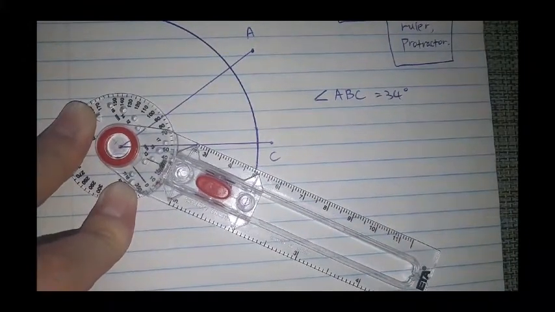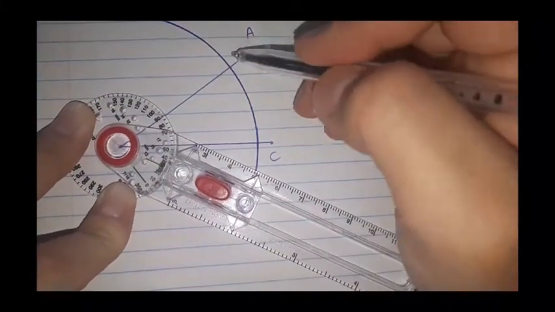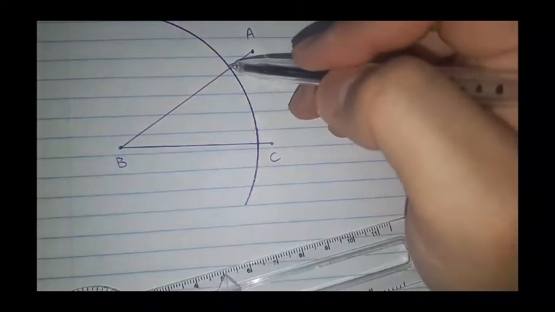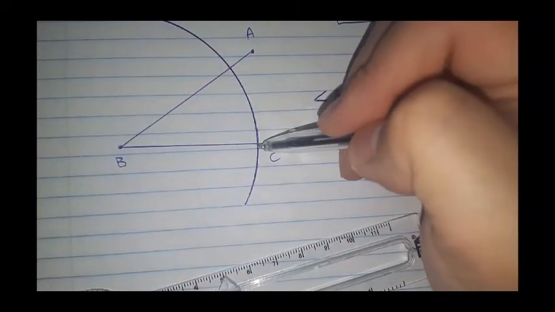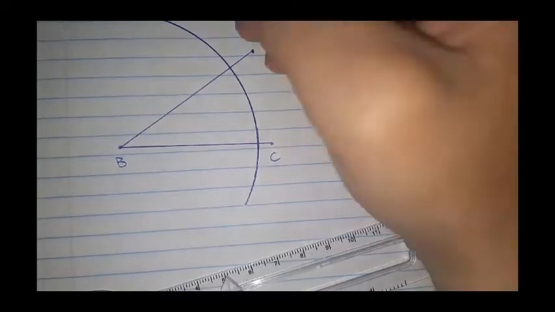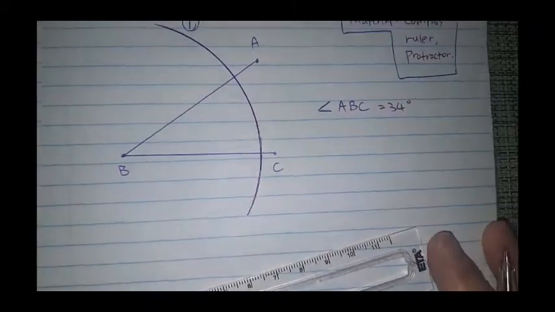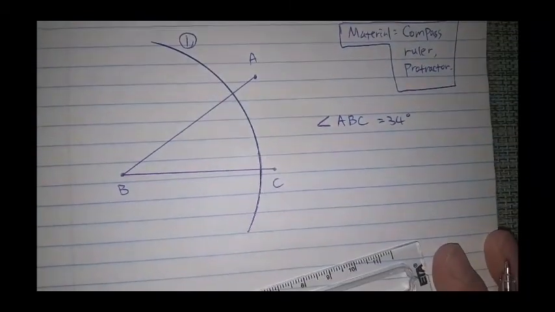Right now I created a circle that passes through A and C. Remember this arc radius because we're going to use that.